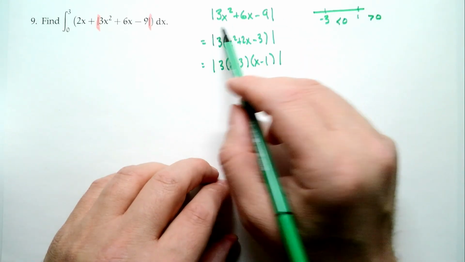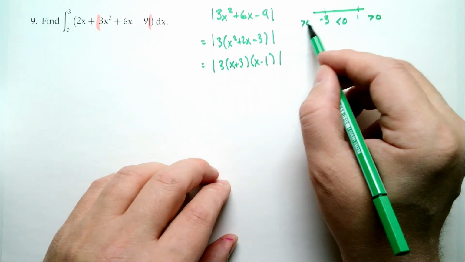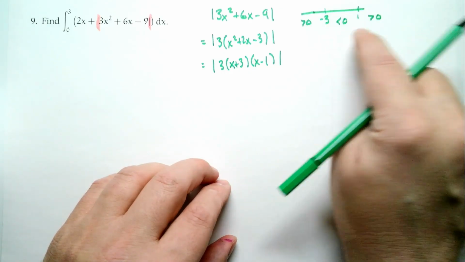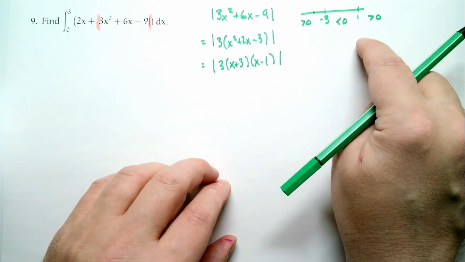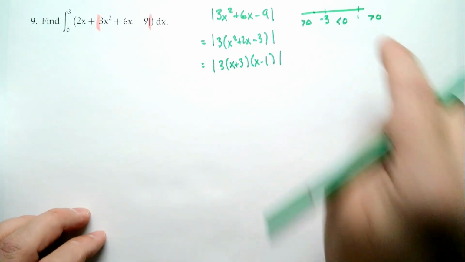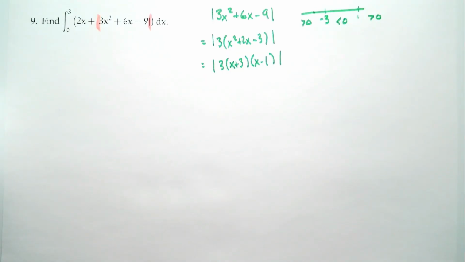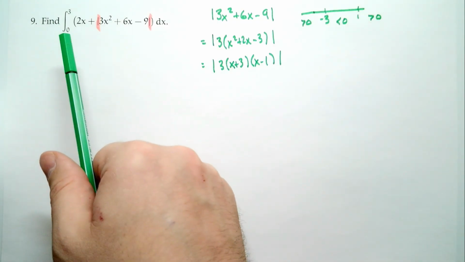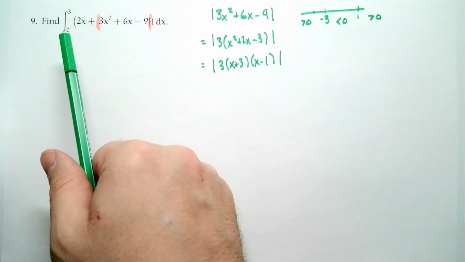If I pick a negative 1,000,000, it's still going to be dominant, and it's positive before negative 3. So I see that I'm changing behavior at 1 and at negative 3. But I only care about 1. Now you might say, why don't you care about negative 3? Well, look where we care about our integral. I'm only going from 0 to 3.